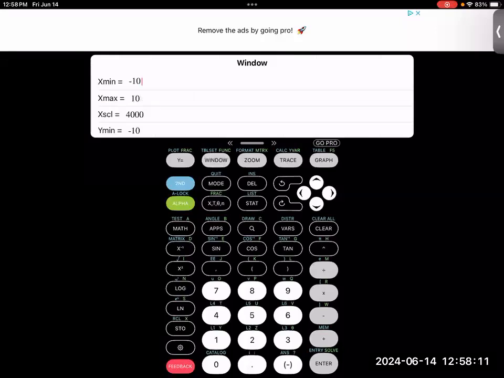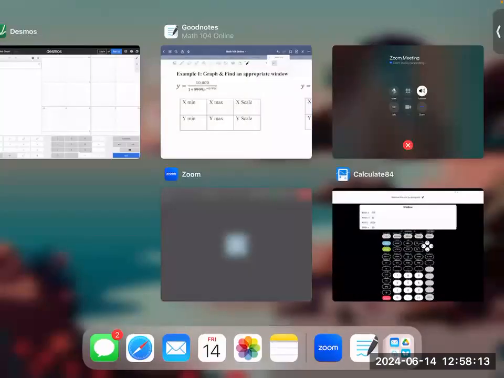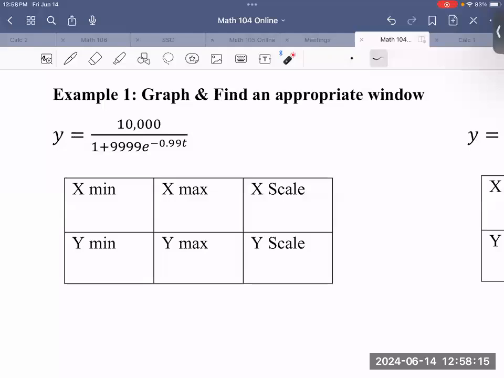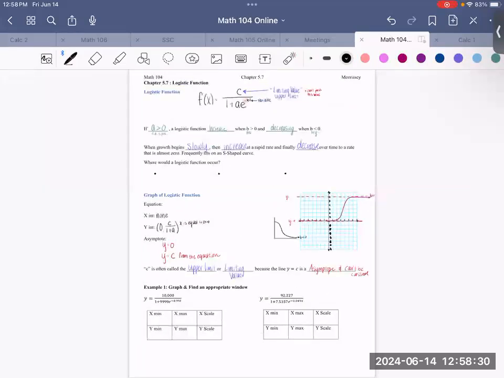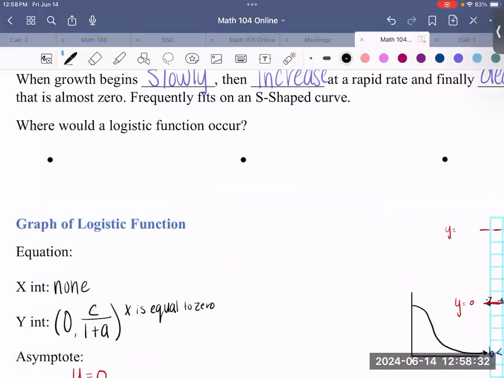So that being said, let's take a look at your values here. Now we said for your X values, we can kind of play around with it as we go, that's what I'm gonna suggest that we do. Because logistic functions, we actually didn't get to define them. Where would they occur in real life?